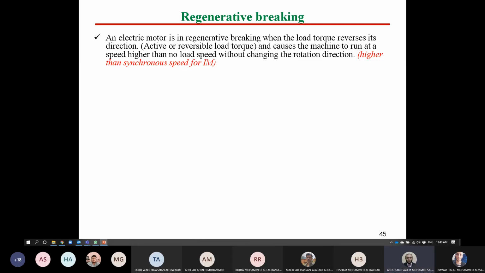Firstly, regenerative braking. It means an electric motor is in regenerative braking when the load torque reverses its direction. Again, regenerative is similar to generator operation.